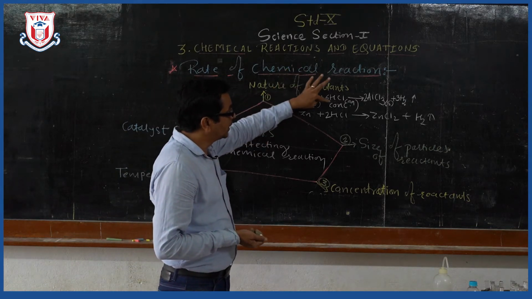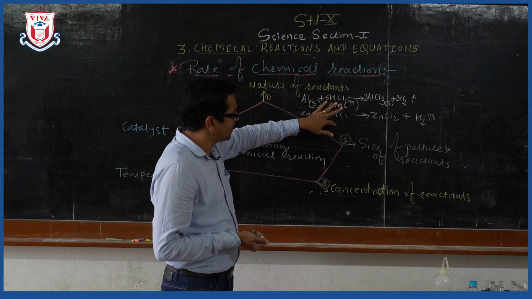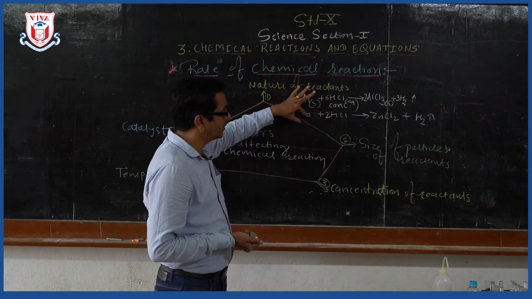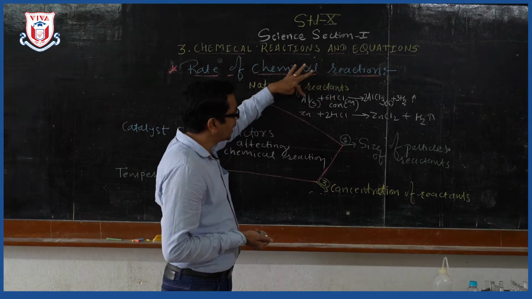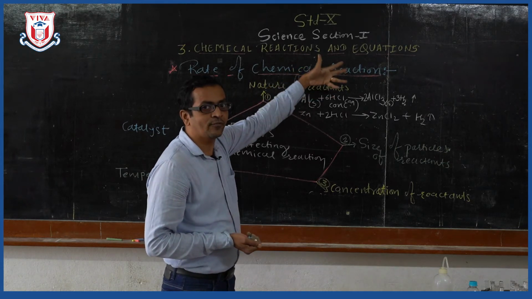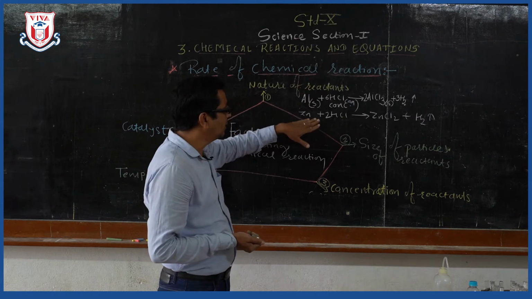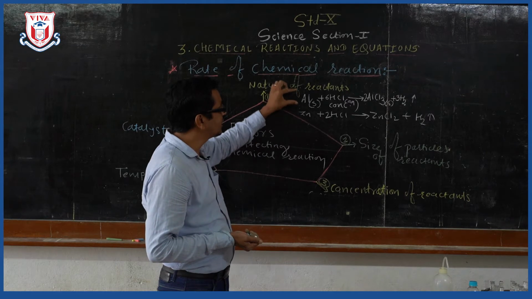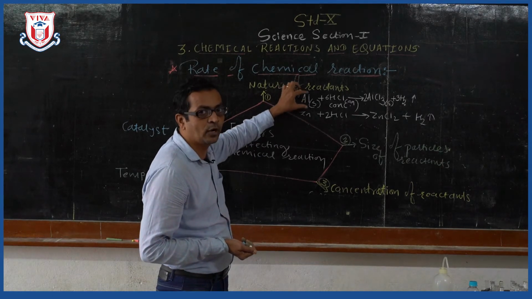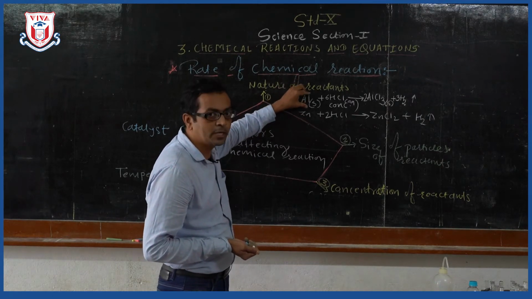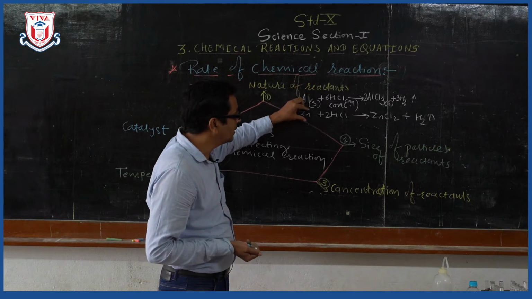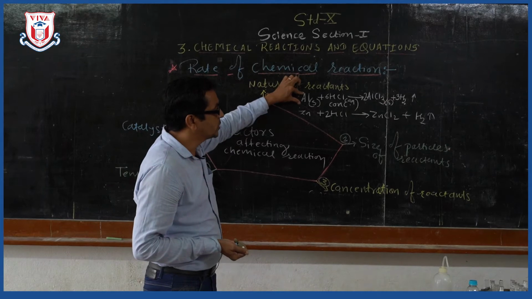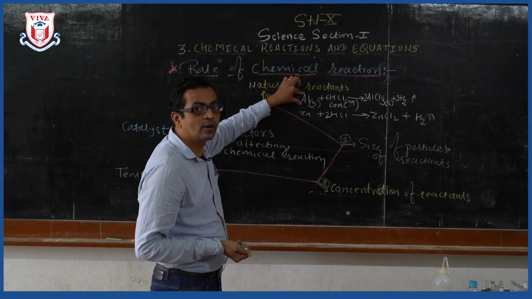Here the HCl is the same, but aluminium and zinc are two different reactants. So when HCl reacts with aluminium, the reaction is faster than that of HCl reacting with zinc. Why? Because it depends on the nature or reactivity of aluminium and zinc. Aluminium is more reactive than zinc, and that's why this reaction takes place faster.